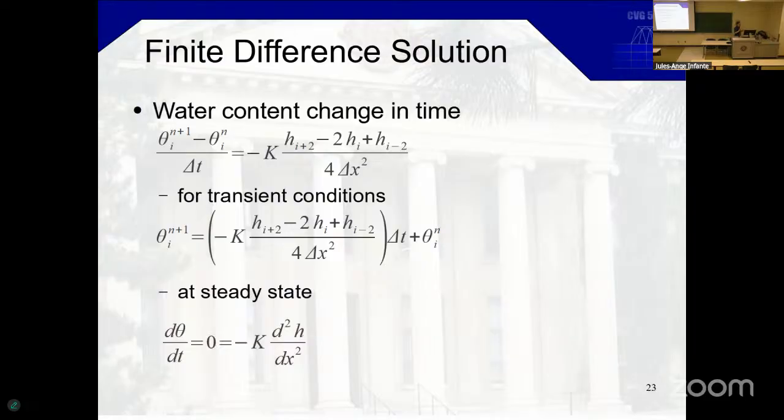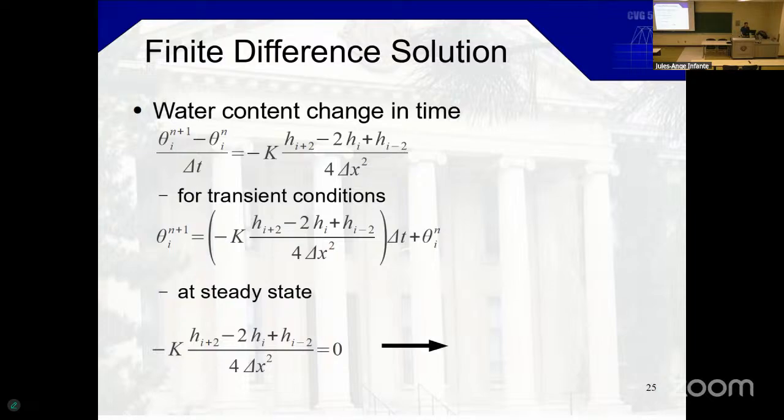So the change of water content is equal to 0, which means that that entire term will also be equal to 0. And from that, we can simplify and find that h(i+2) minus 2h(i) plus h(i-2) equals 0.